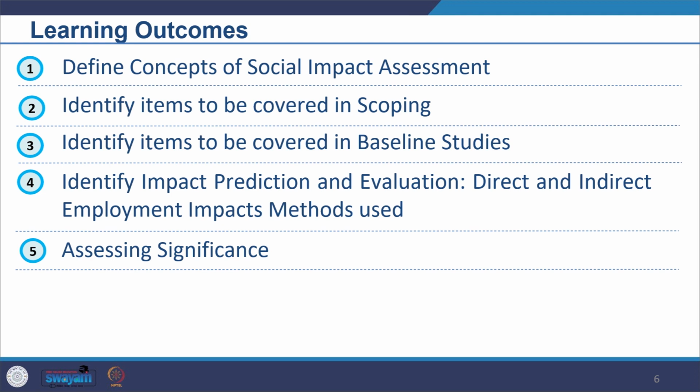Further, you should be able to identify various possible impacts in this domain, and then look at various data sources and methods involved in predicting and evaluating impacts, and discuss and identify various steps involved in assessing significance. So that is the learning outcome expected from you.